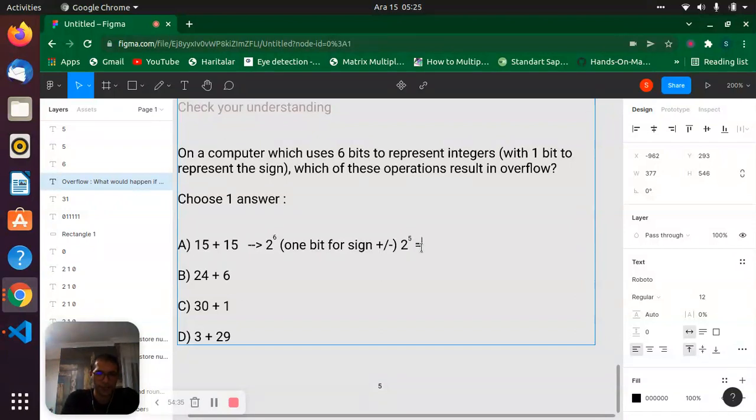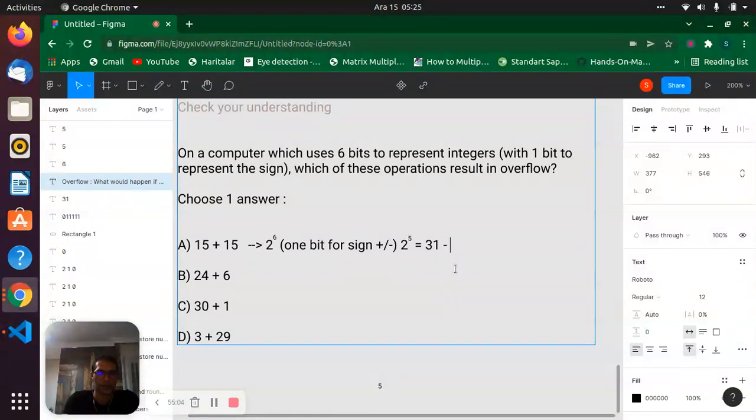Let's say this one, we know already, is 31. Why? 0 power of 2 is 1, right? 1 power of 2 is 2, and going all the way to 5, it will be 31. Now this one is 31 and 15 plus 15 is 30.